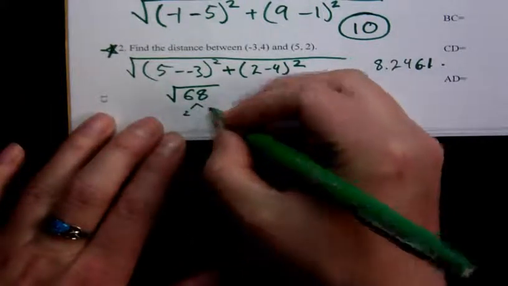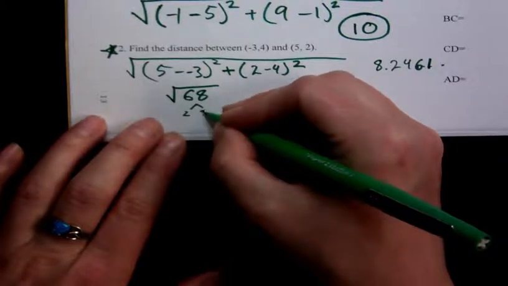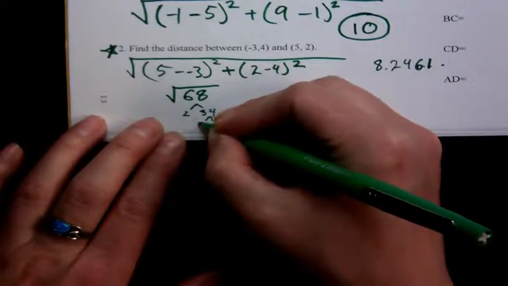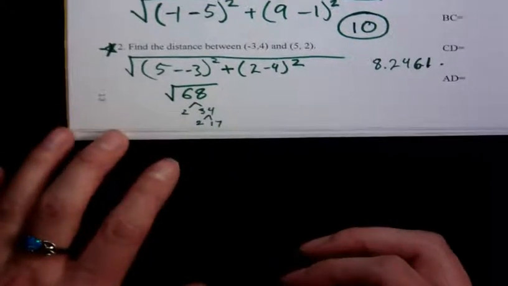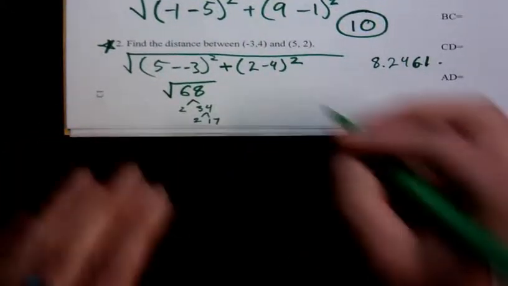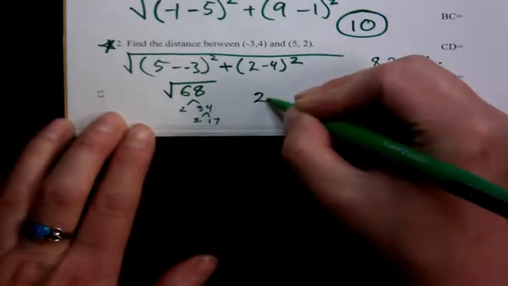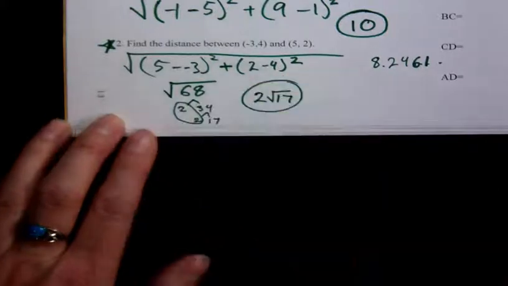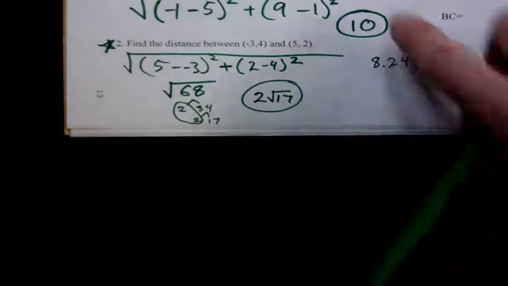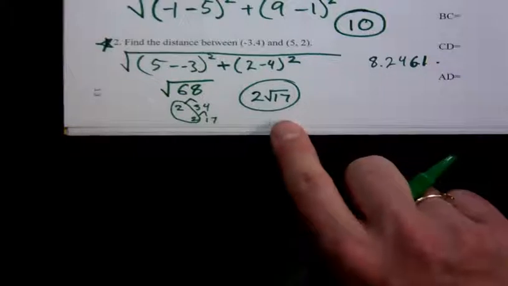So we can go to 2 and 34, 2 and 17, right? So the completely correct answer would be 2 root 17. We have to do that. So to get full credit, you'll have to do this. If it's not a perfect square, you'll have to do the simplify steps.